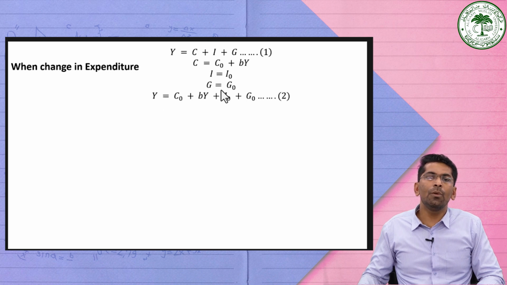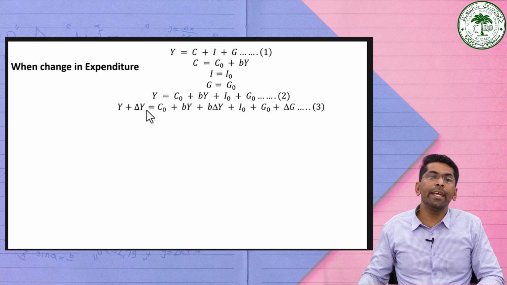Substituting all these into equation number 1, Y is equal to C0 plus BY plus I0 plus G0, which I denote as equation number 2.